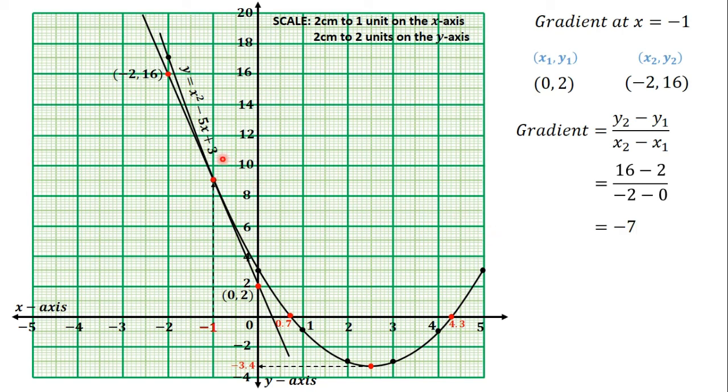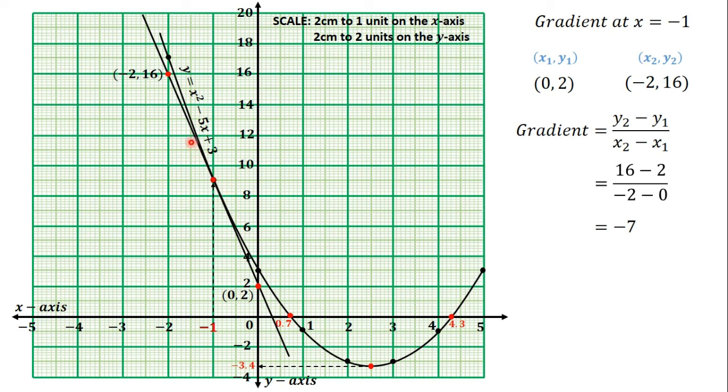So it means that the gradient of the tangent to the curve at the point x is equal to -1 is -7. But in the video on using the graph of a quadratic function to find the gradient of the function at a point on the curve, which is video number 37 in this playlist, we learned that the gradient of a tangent to the curve at a point is the same as the gradient of the function at that point.